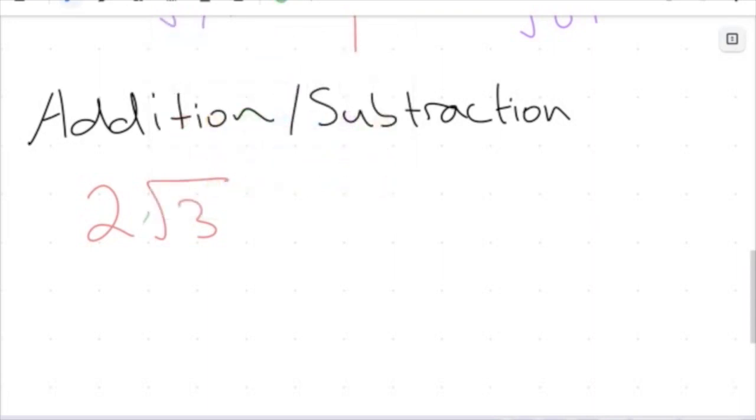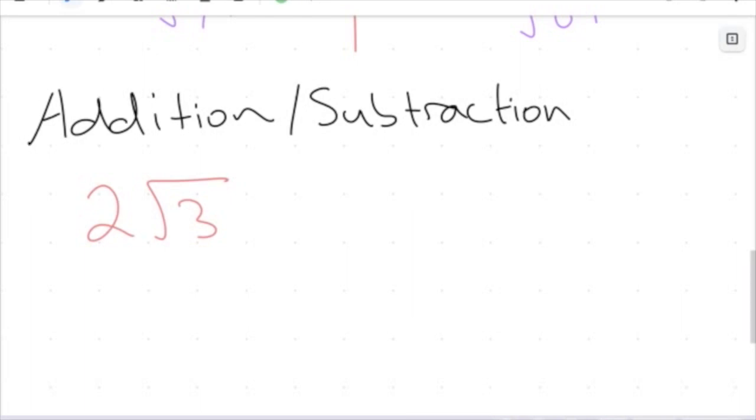I'm writing this shorthand as I would in algebra, if we remember. To say 2 things are multiplying by each other, if we have a pronumeral or now even a surd, I can write this 2 next to the root 3, and it implies that this is going to be 2 multiplied by root 3. So root 3 is a surd because 3 is not a perfect square. So when we multiply that by 2, we're going to get another irrational number. So this is going to be a surd.